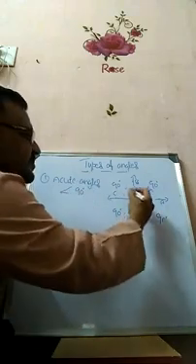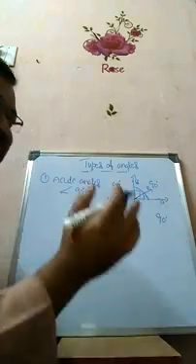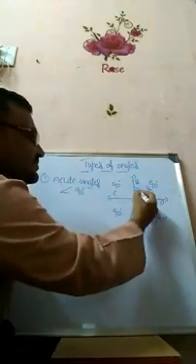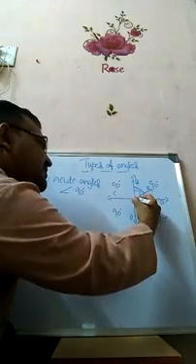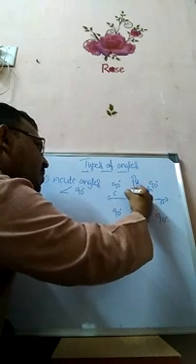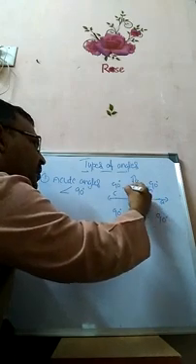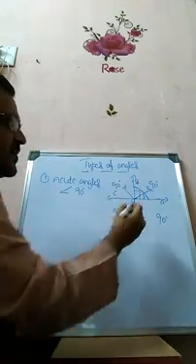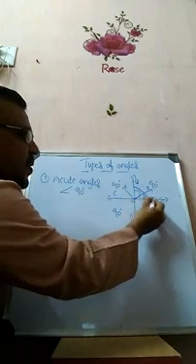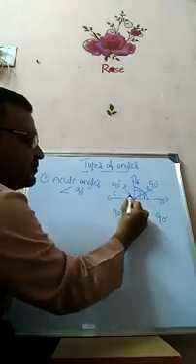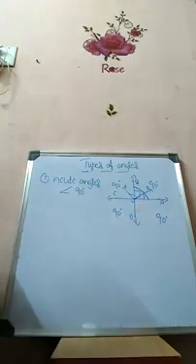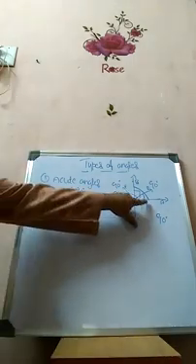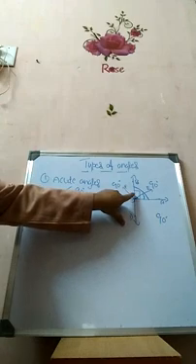Next, if the angle is greater than 90 degrees, look, up to here is 90. Now I will draw from O one more ray, OF. Now look, the space between OA and OF is clearly greater than 90.